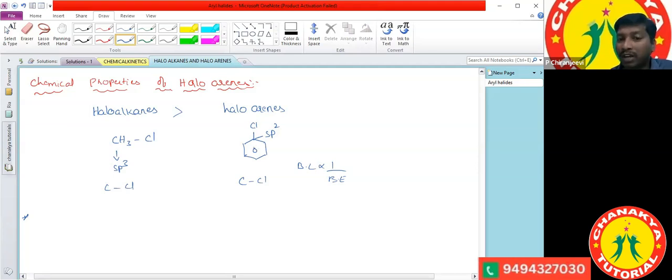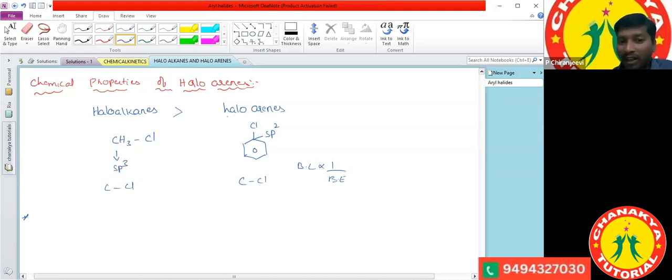When a partial double bond forms, more energy is required to break the bond. Due to that reason, haloarenes are also less reactive towards nucleophilic substitution reaction. Clear? So haloalkanes are more reactive towards nucleophilic substitution reaction compared with the haloarenes.